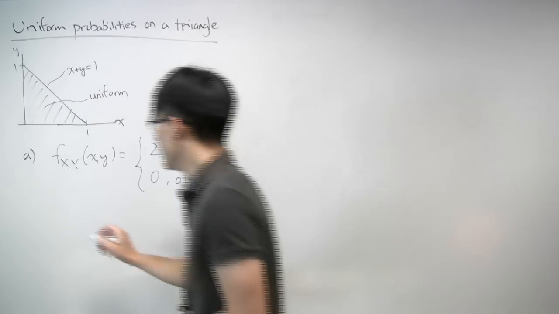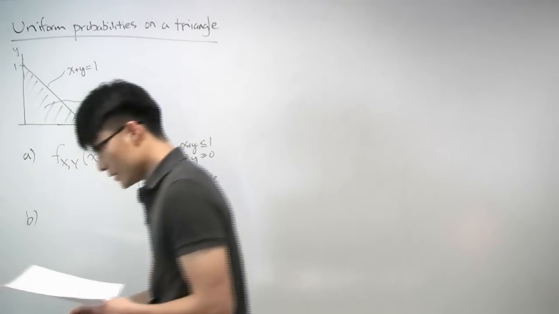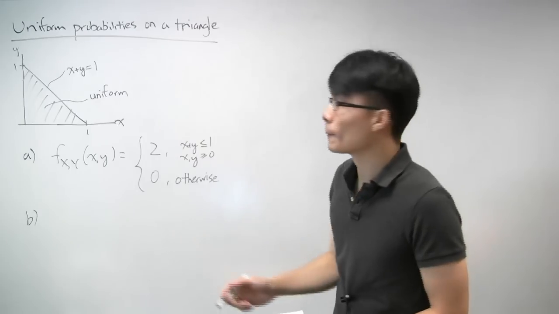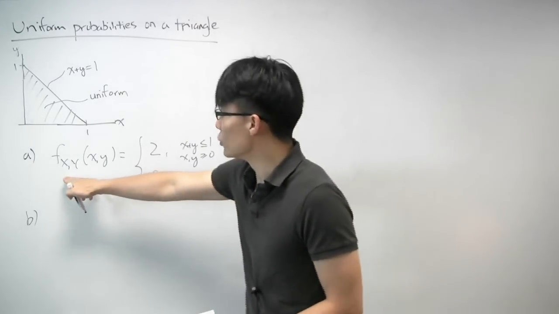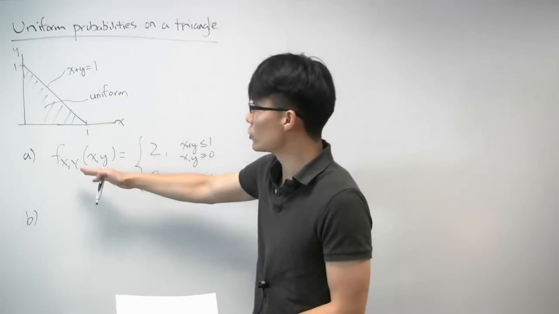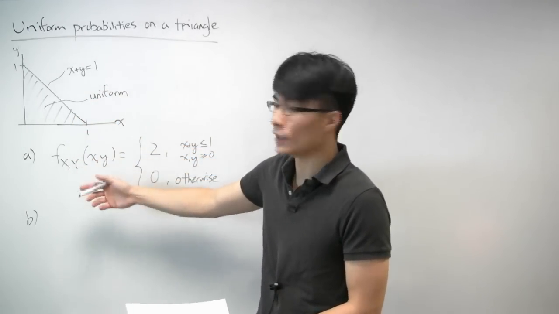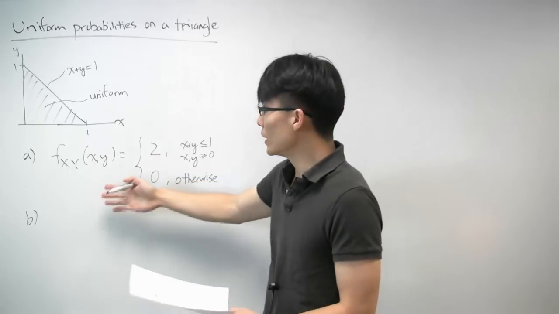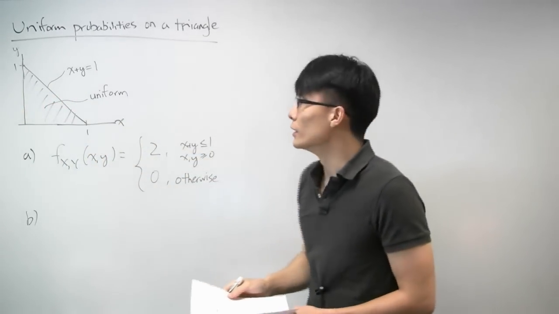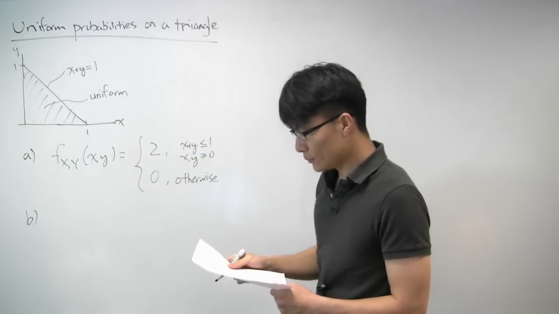The next part asks us to find, using this joint PDF, the marginal PDF of Y. And remember, when you have a joint PDF of two random variables, you essentially have everything that you need. Because from this joint PDF, you can calculate marginals, and from the marginals you can calculate conditionals. The joint PDF captures everything there is to know about this pair of random variables.